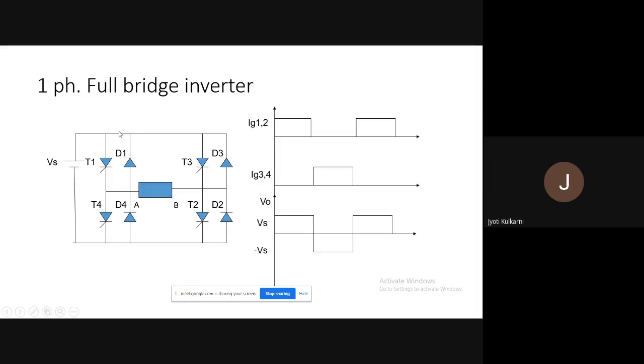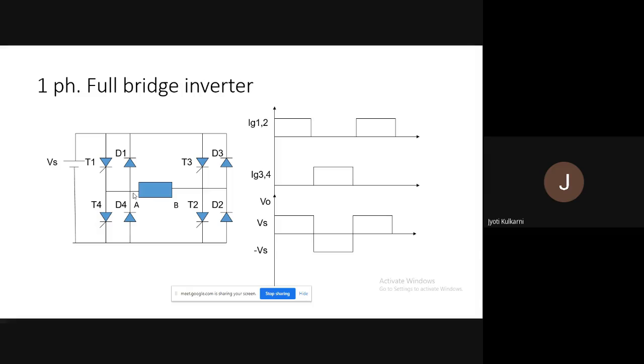Then it reaches the T3 anode, goes through T3, and from T3 cathode it reaches the junction point. From the junction point, it has reached the B terminal first. And from B terminal, the load current is flowing from B to A. So now the current is flowing from B to A.